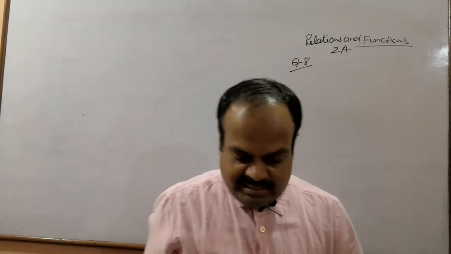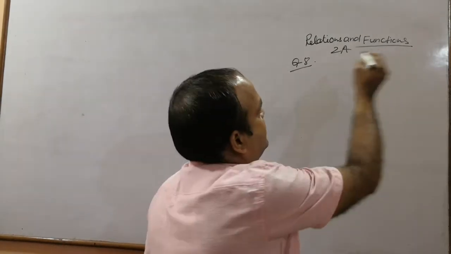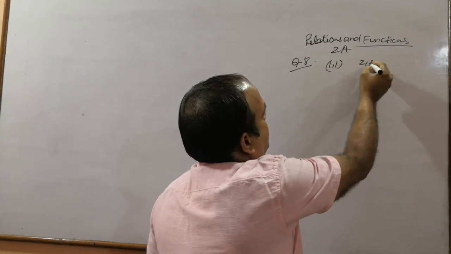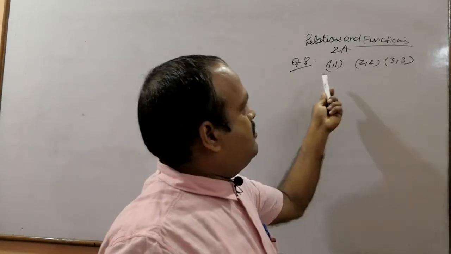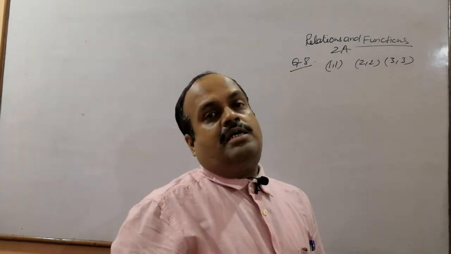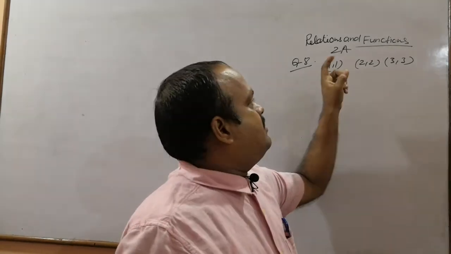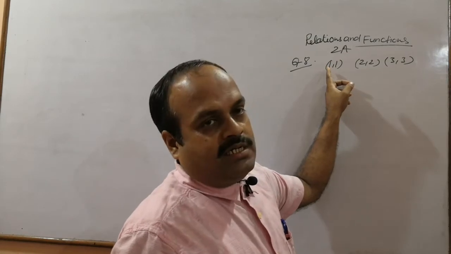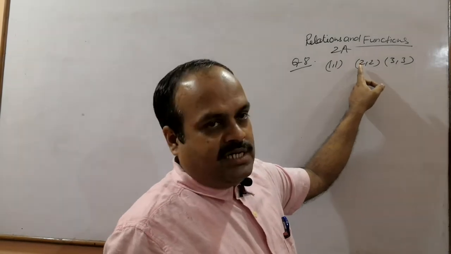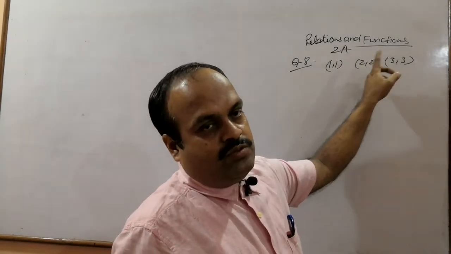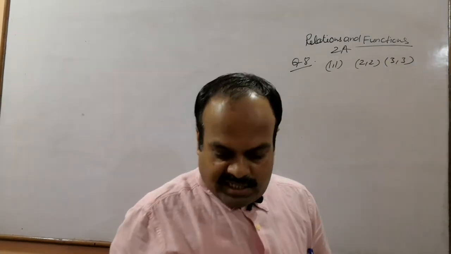The question says that the ordered pairs (1,1), (2,2), (3,3). Each of the ordered pairs has 2 entries. The first entry is 1, the second entry is 1; the first entry is 2, the second entry is 2; in this ordered pair, the first entry is 3, the second entry is 3.